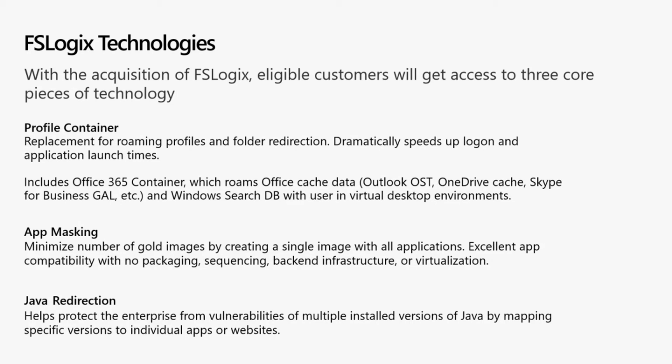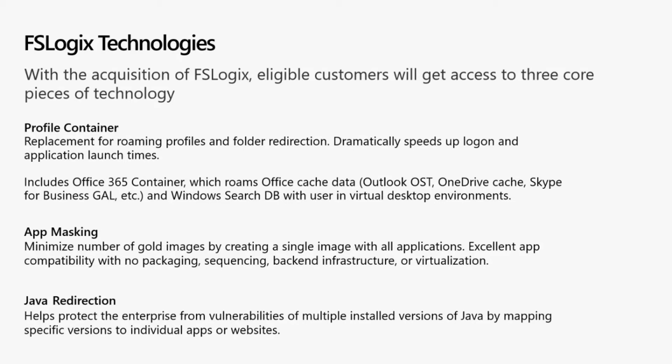This also includes 365 related profile contents like Outlook settings, Outlook cache, and OneDrive cache. Having Office related profile data is optional, and you may configure not to save these settings in your profile storage to save significant cost.